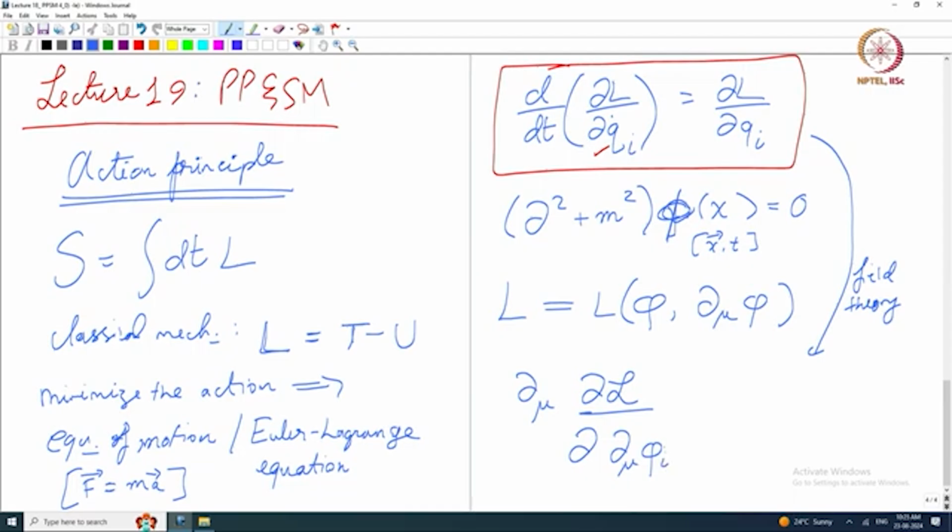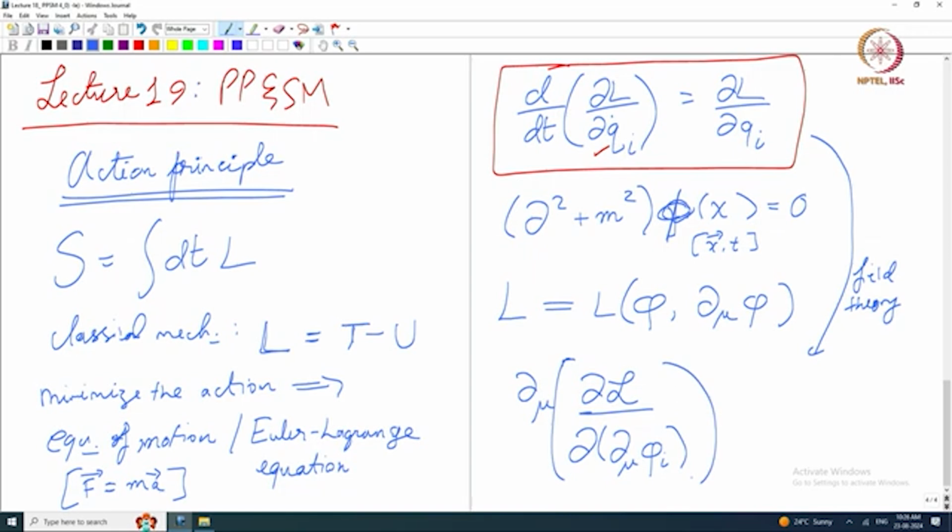And then I'm going to label it with an I. The I are basically the components of the field, just like you had qi to stand for x, y, z, right. Similarly the field can also have components. These are not particularly spatial components, okay. You could have multiple components of the same field, right. So multiple orthogonal components of the same field.